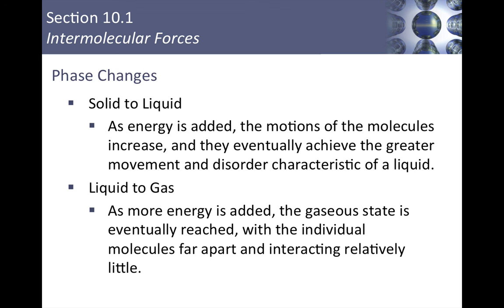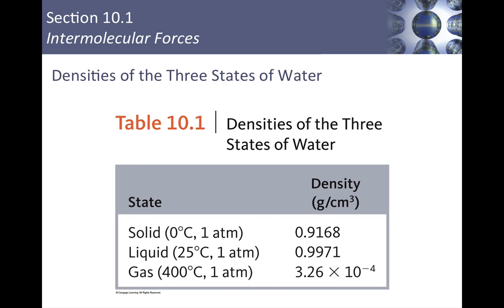That's kind of interesting. Now, as we look at water, we see just by looking at the density change how it sort of works. As a solid, we have 0.9168 grams per cubic centimeter. As it goes liquid, it becomes more dense at 0.9971, rounded approximately 1. And then as we go to the gas, it gets extremely small.